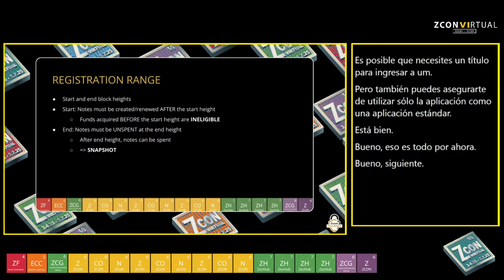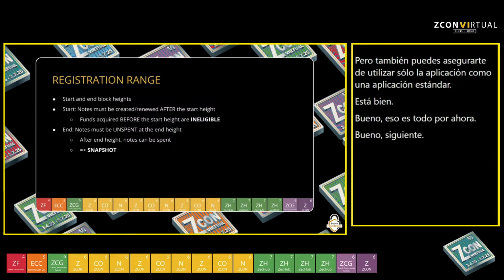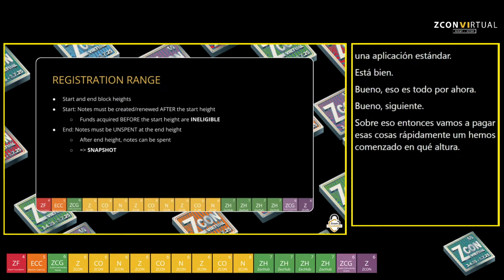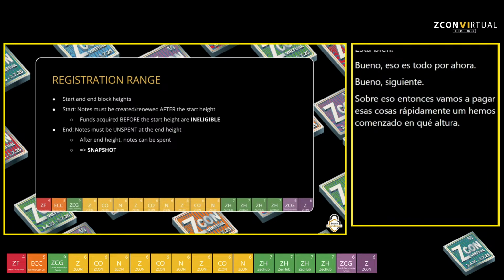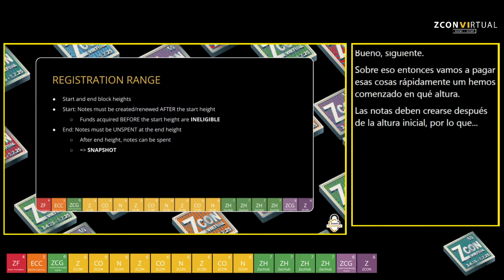Actually, let's repeat that stuff quickly. We have a start and end block height. The notes have to be created after the start height. Right? So the point here is that if the start height is 1 week ago, you cannot vote with coins that you received 2 years ago.